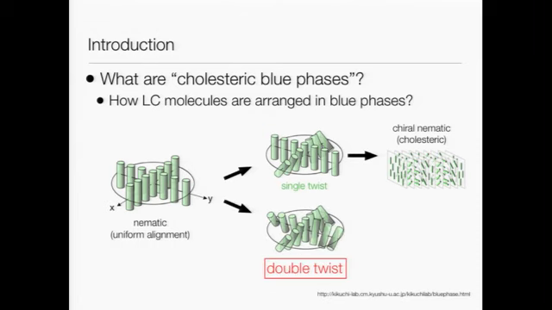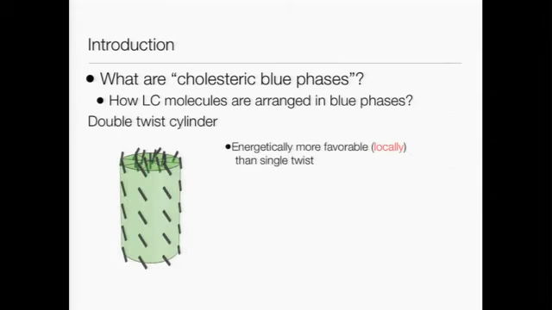Then we can think of a different configuration in which the director is twisted along all directions. This is usually called double twist, and this is the important part of cholesteric blue phases. Directors cannot twist along this direction, and therefore this configuration is often called a double twist cylinder.